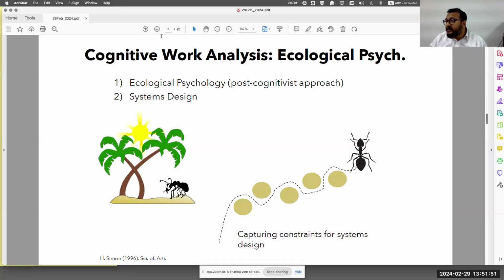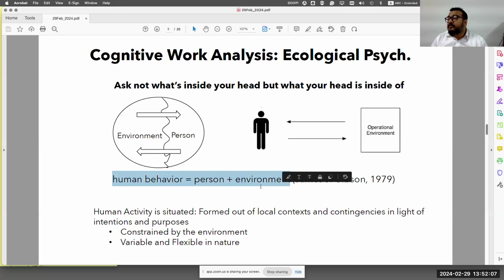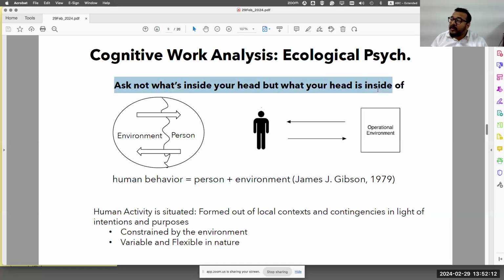So the idea is that you are asking what it is that the person requires to conduct a certain activity in the operational environment. Human behavior then is a relationship between the person and the environment. And the key is, ask not what's inside your head, but what your head is inside of. Understand the ecology in which the activity is being done.